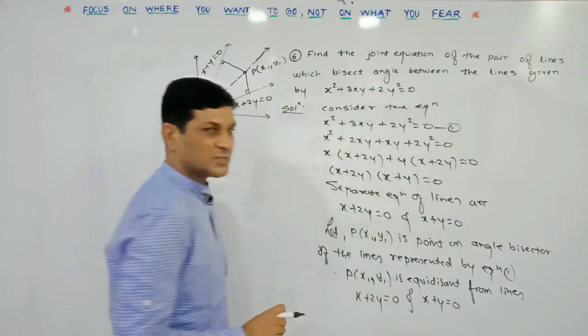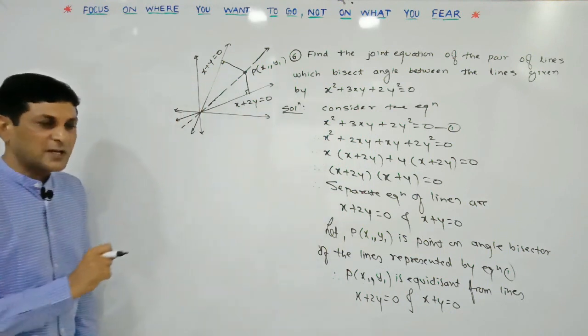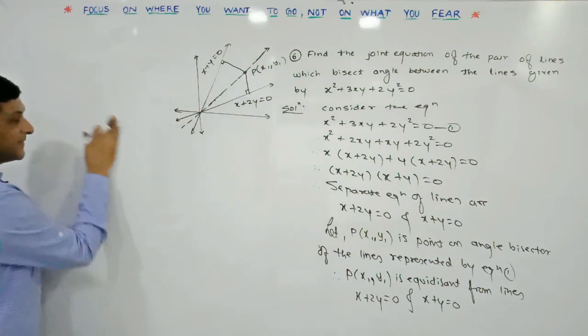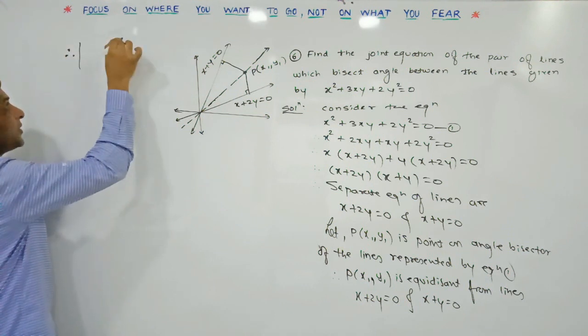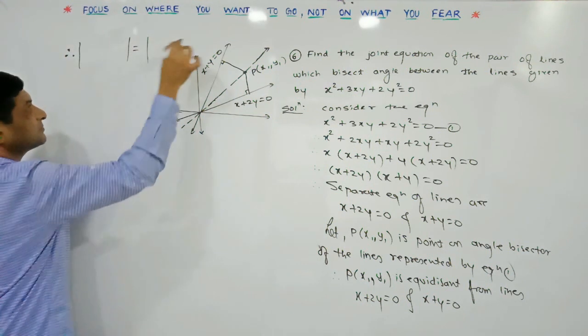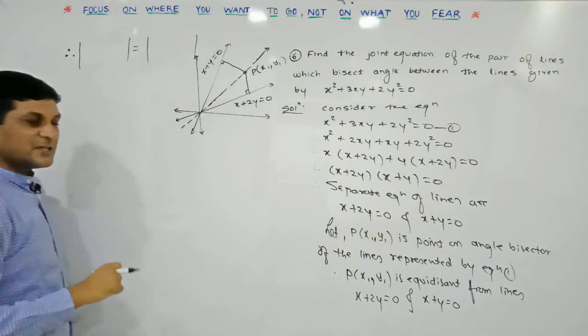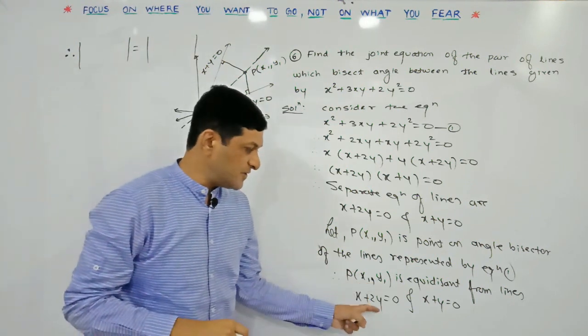So the distance of this point from the first line will equal the distance of this point from the second line. Let us try to find the distance of this point from the first line.